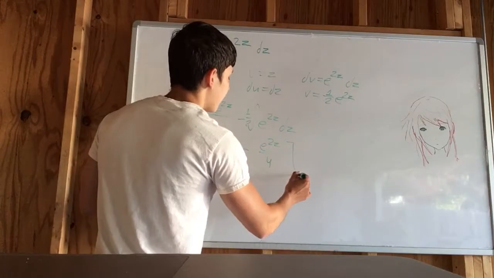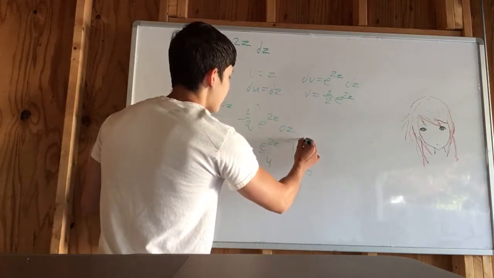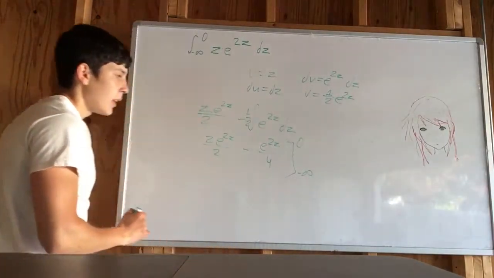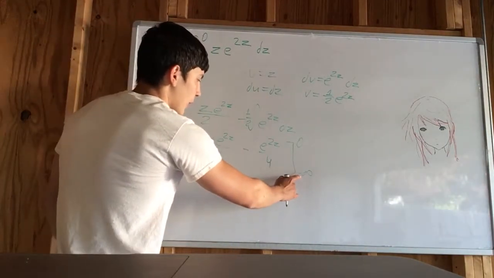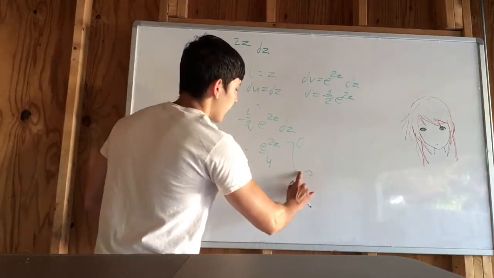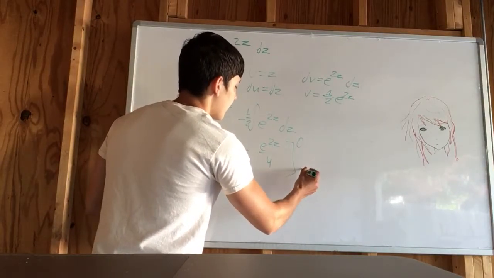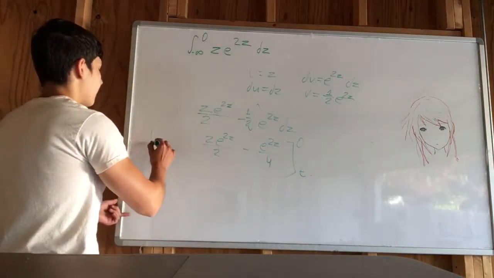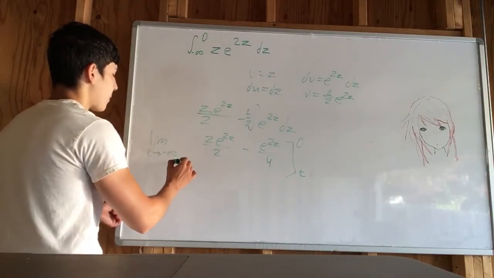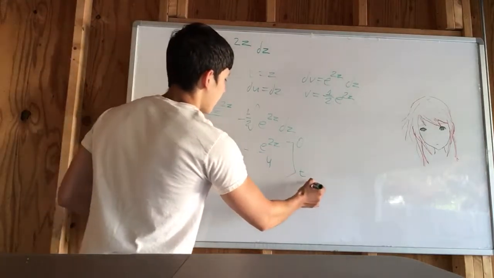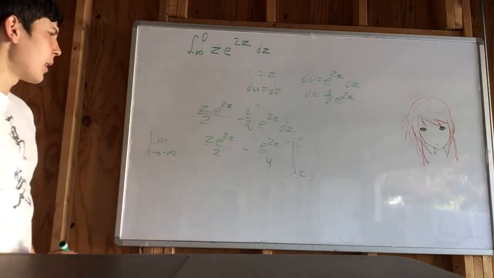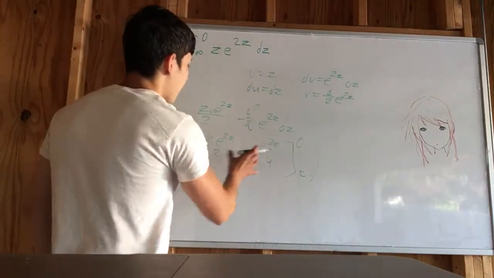We've already integrated, so now we're just doing the bounds for the entire thing. Remember, we can't directly work with negative infinity, so we're going to have to replace negative infinity with a variable. Let it be t, and then let the limit as t approaches negative infinity go on this. So now we plug in the bounds for both of these portions.